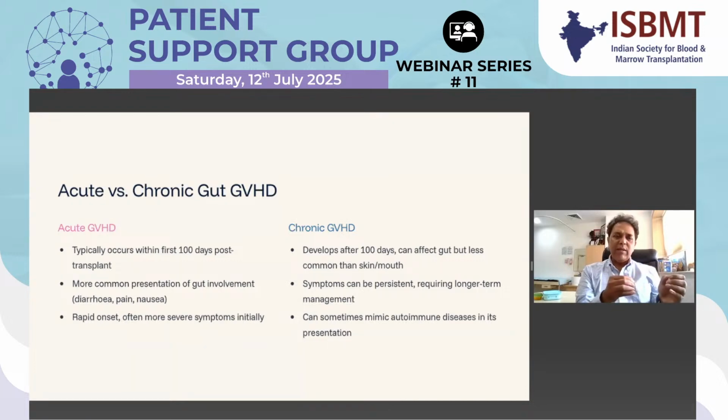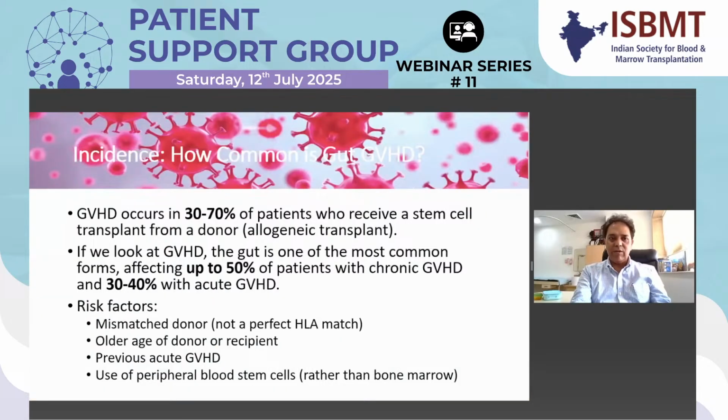Very often it can be difficult because these symptoms can be almost like the body turning around and having an autoimmune disease. So you can have acute gut GVHD and chronic, depending upon whether it's in the first 3 months or later. How common is it?